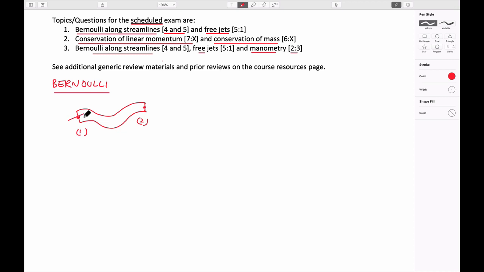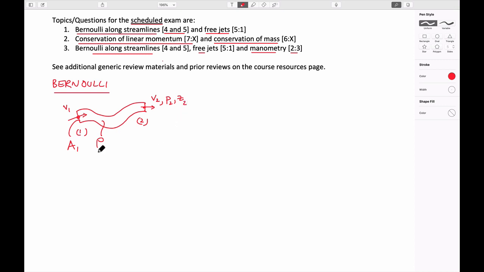When we're not worried about loss of energy in the system, we can have either one as upstream or downstream. It relates to a streamline velocity between the upstream and downstream locations, maybe a cross-sectional area, the density of the fluid, and at each location, a pressure and an elevation.